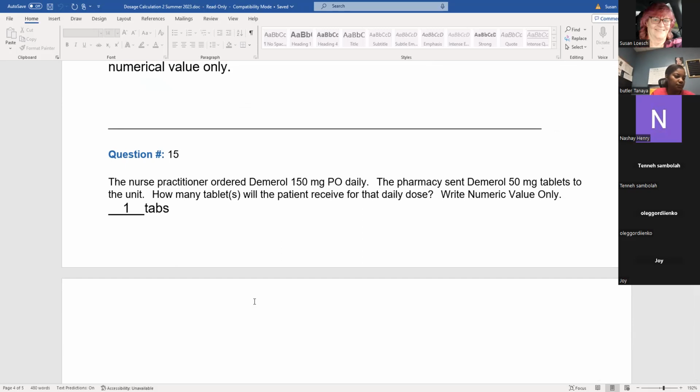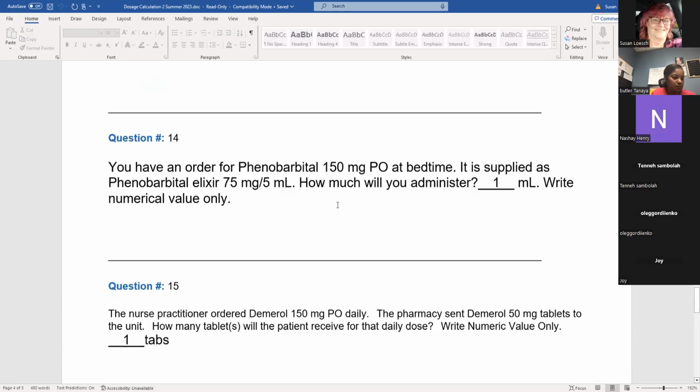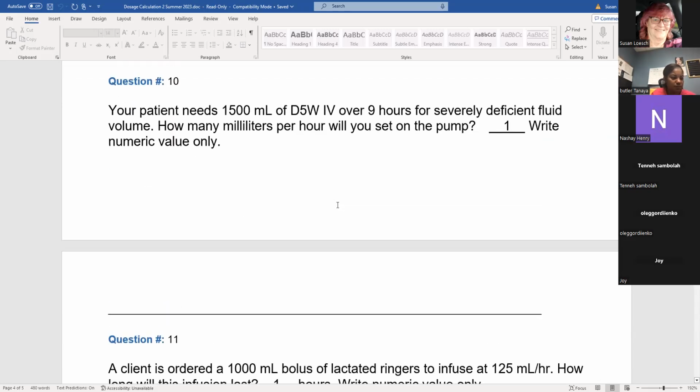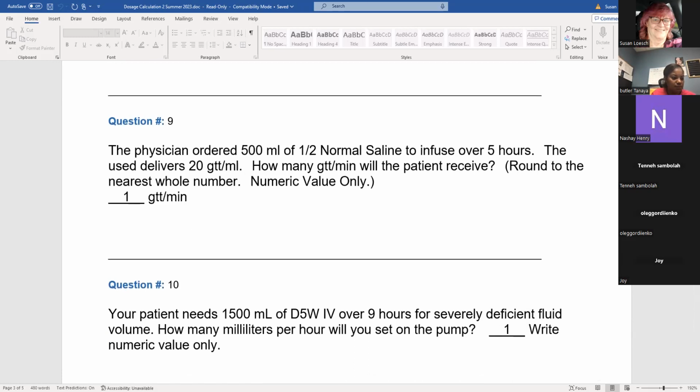Anything anybody is still not feeling confident with? Yeah, the IV piggyback.